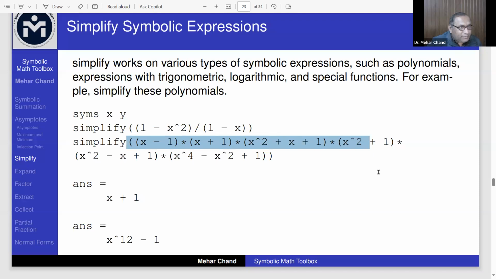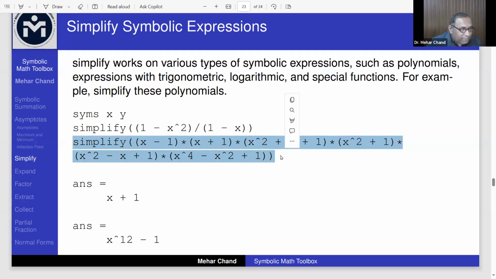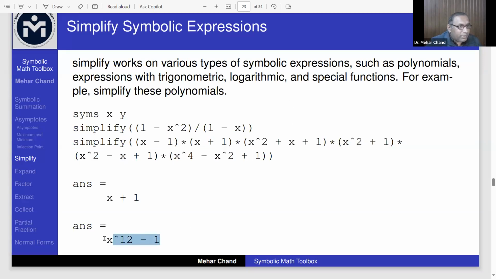This is a very long expression. When you execute these two statements, after simplifying the first expression, you can see the value is x plus 1. And when you execute the second statement, we have this value, x raised to power 12 minus 1.